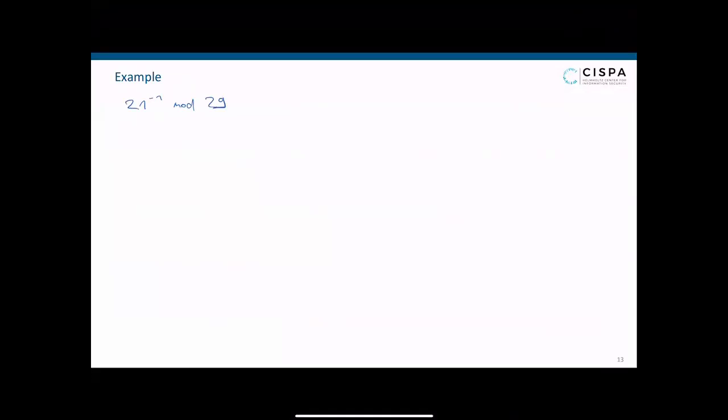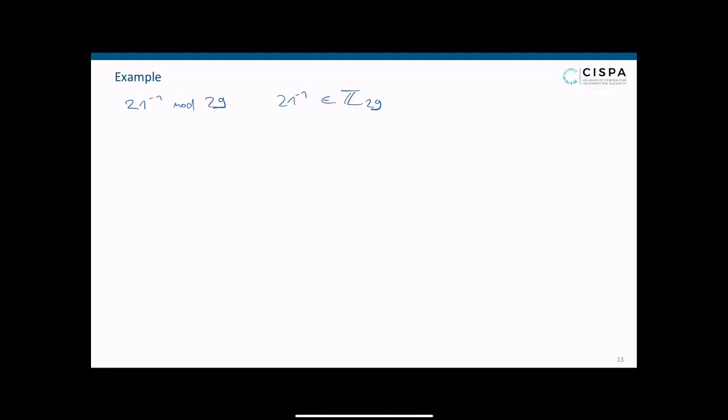We compute 21 inverse in Z29. How can I find which of these 29 values, or should be one of 28, is the inverse of 21? Well, for such small numbers, sometimes the most efficient thing is just to try all of them, to enumerate all these elements and try which one is the inverse.